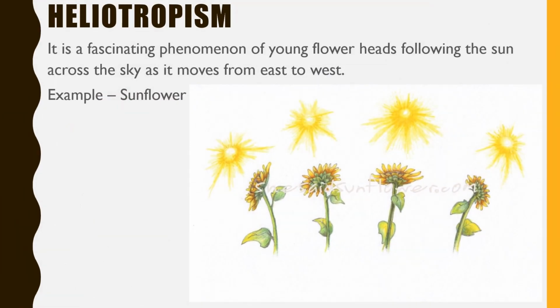Another fascinating phenomenon is the movement of young flower heads following the sun across the sky as it moves from east to west, that is called heliotropism. Usually sunflowers exhibit heliotropism. This is because the sunflower plant contains auxins which are sensitive to sunlight.